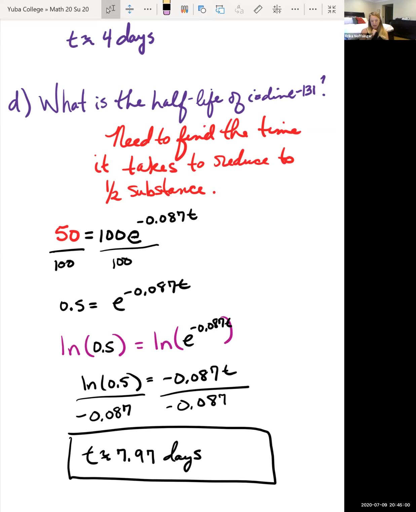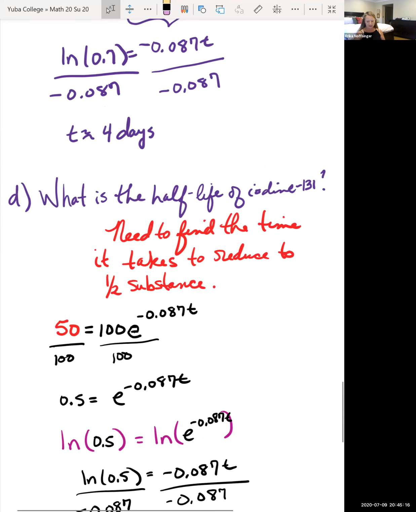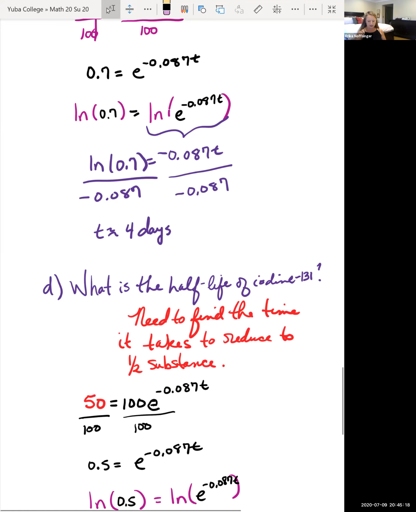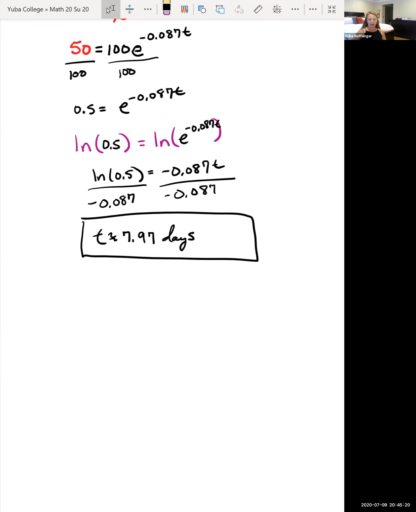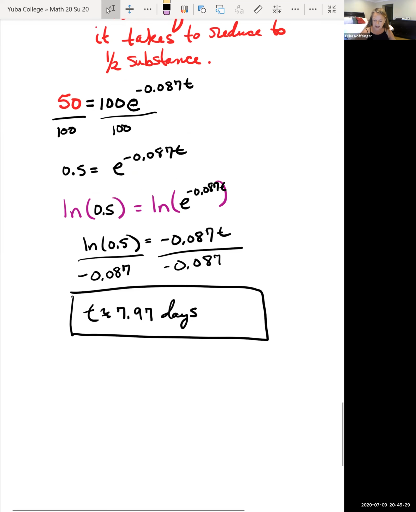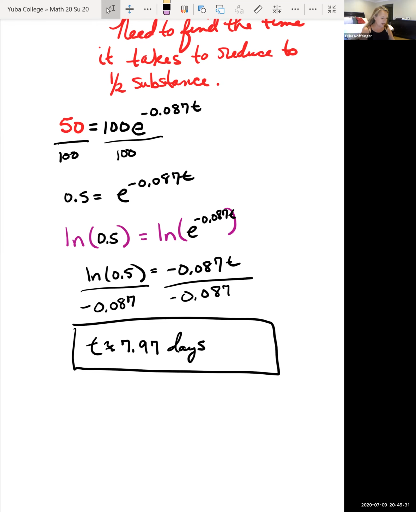So it's approximately 7.97 plus 7.97, approximately 16 days. If you plug 16 back into our equation, we should get about 25. And at 12.5 grams it would take another about 8 days from that 16 days. So the rate is slowing down as time progresses.